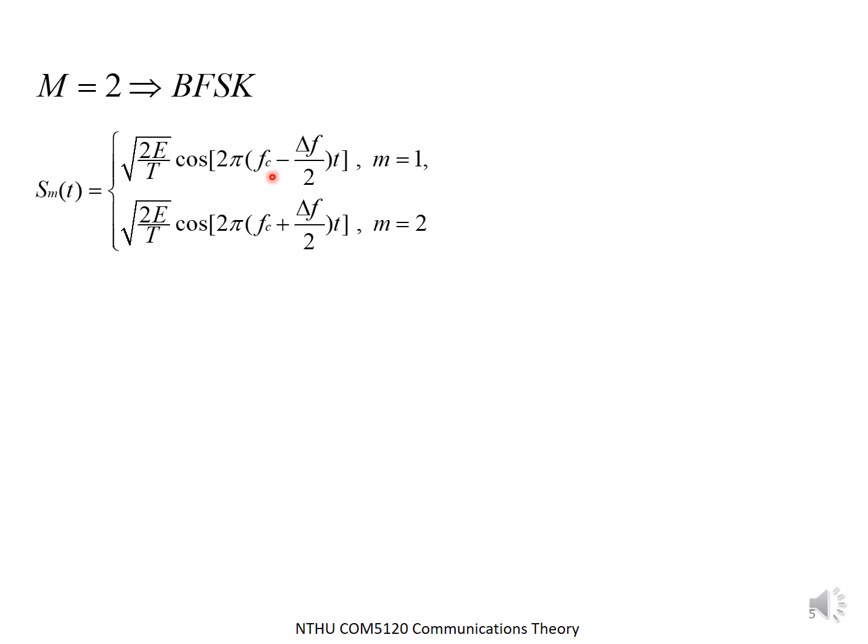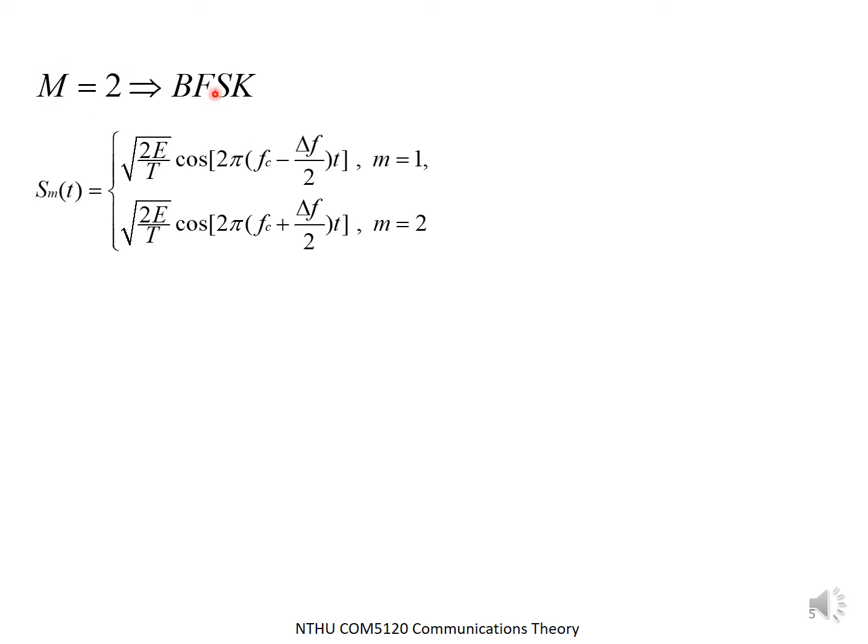The first carrier frequency F1 is Fc minus delta F over 2, and the second carrier frequency is Fc plus delta F over 2, and the separation is delta F. So we have two carrier frequencies, and M equal to 2.